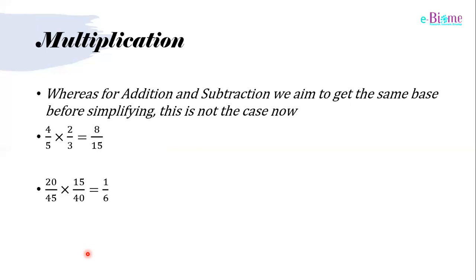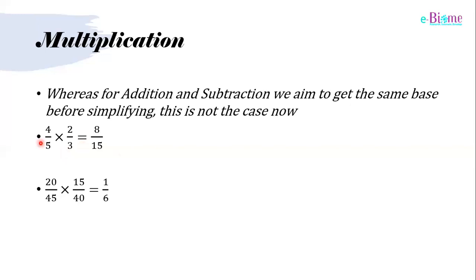But for multiplication, this is not required. For multiplication, we simply multiply the numerators to get the new numerator, and then we multiply the denominators to get the new denominator.